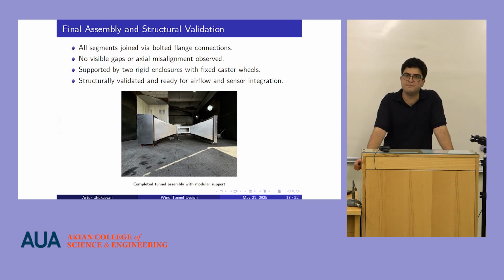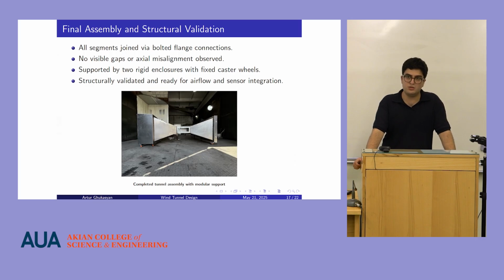Can you tell us a little bit about your design calculations, i.e. the speed of operation, what type of test articles you can test in these wind tunnels? By test articles, you mean test cases?